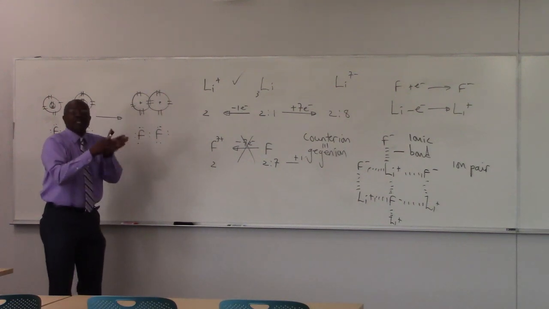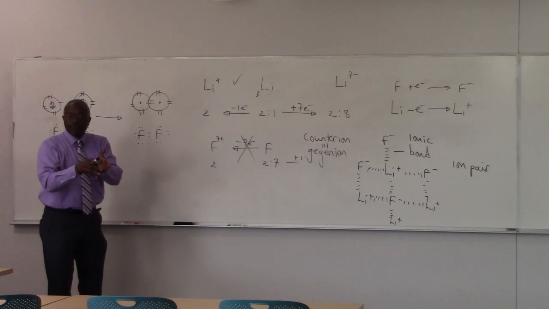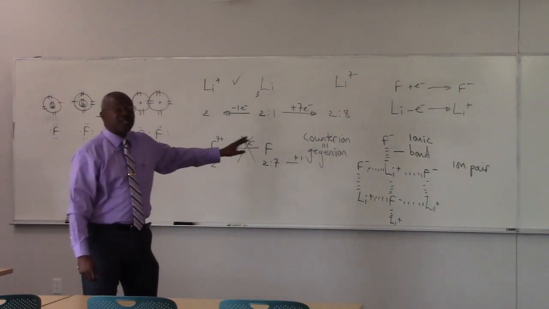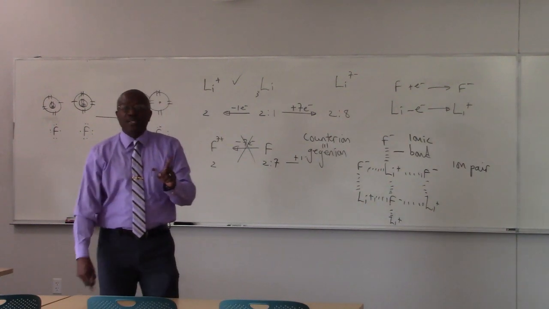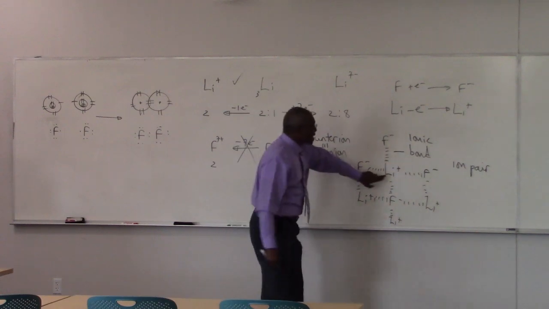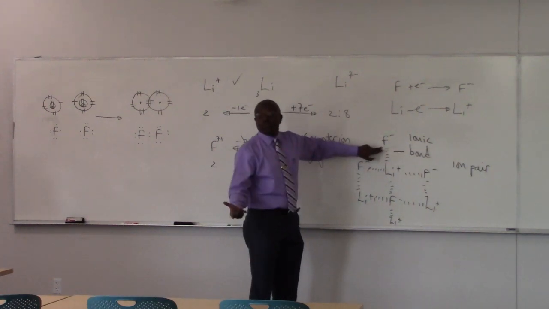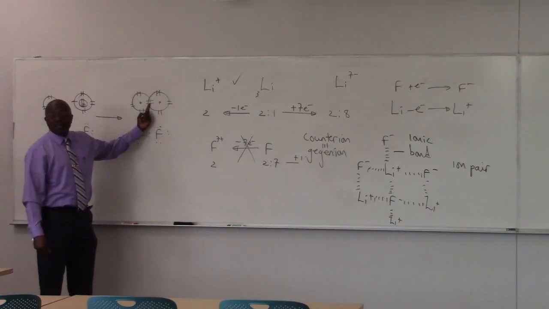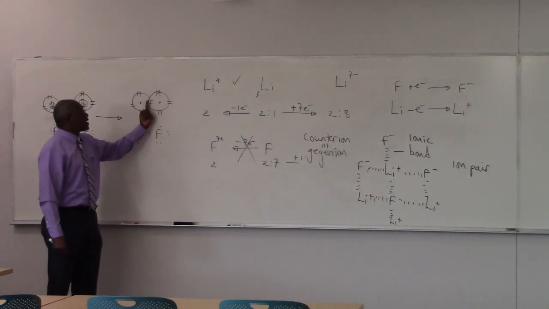That force of attraction is the covalent bond. So a bond is a force of attraction. If you notice, the forces of attraction, the bonds, are always between something negative and something positive. That could be a cation and an anion, sure. Or it could be a nucleus and the electron pair that is shared. Right? Between nuclei and the shared electron pairs.